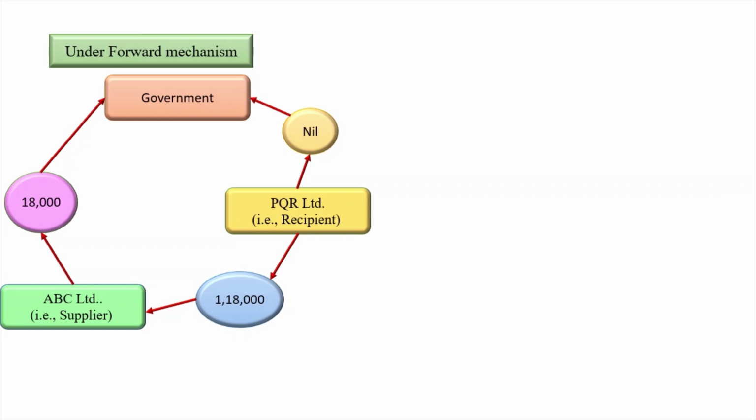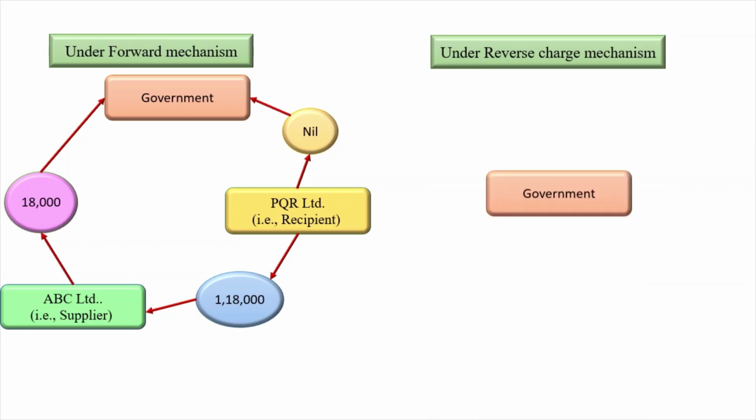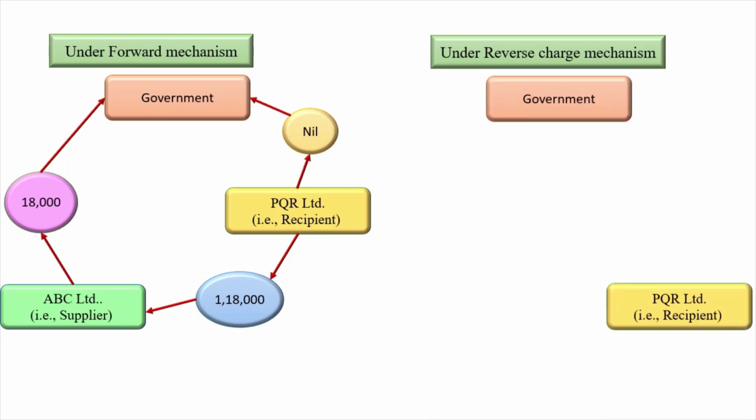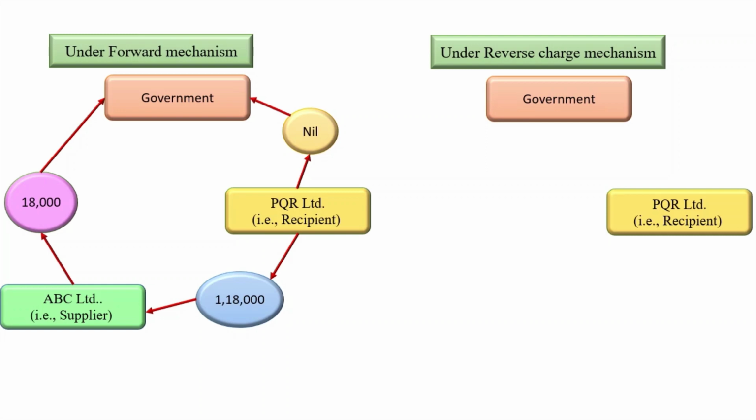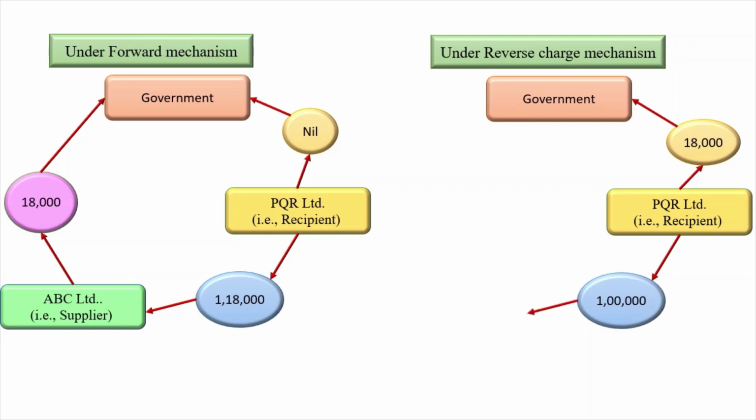Now what is the condition under reverse charge mechanism? In reverse charge mechanism, PQR Limited, that is recipient, is paying 18,000 to government. So in this case government is getting 18,000 from PQR Limited, that is recipient, and PQR Limited pays only 1 lakh to the supplier, that is ABC Limited.